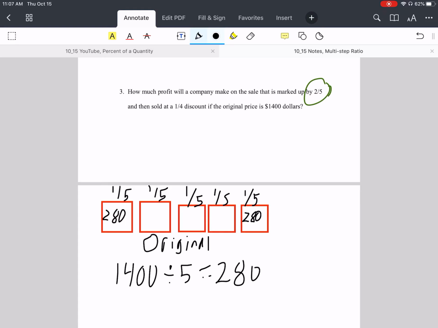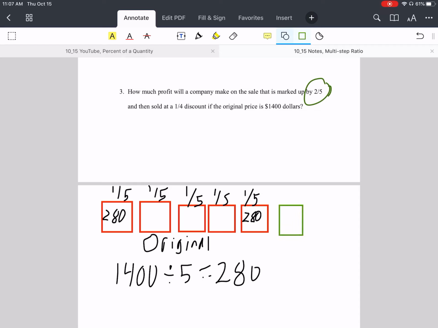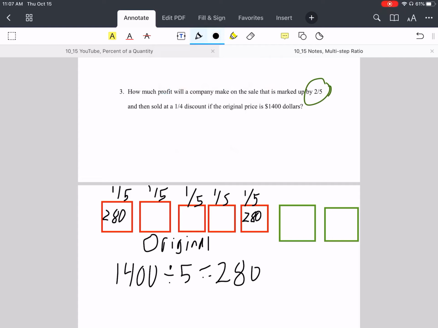What the company does now is they mark up the price by 2/5. So we're going to draw 2 more squares that are also worth $280, because every box has the same value.